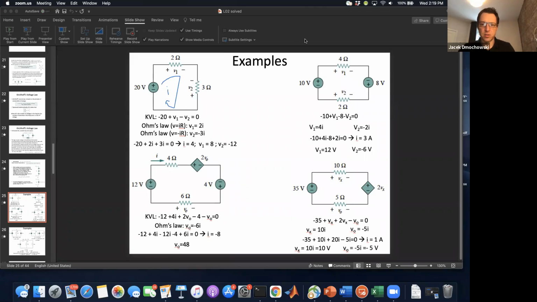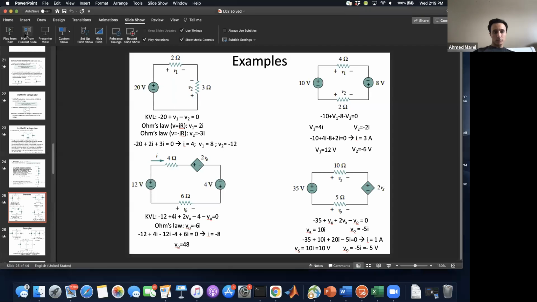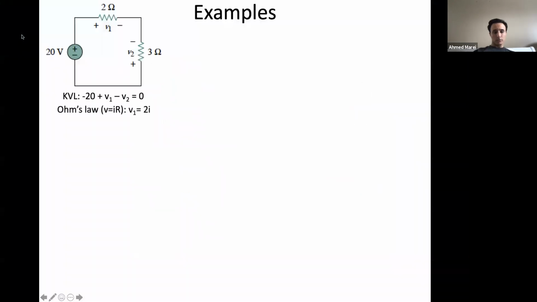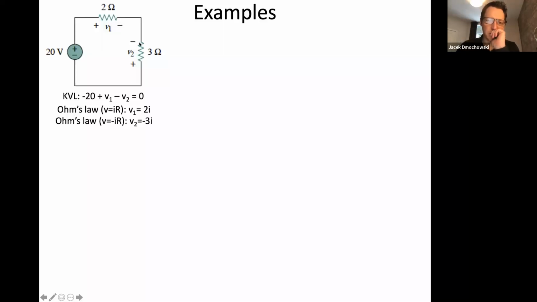And so the application of Ohm's law to this resistor is that V2, as is specified, because we were given this polarity. With this polarity in mind, the value of V2 is equal to I times -3.